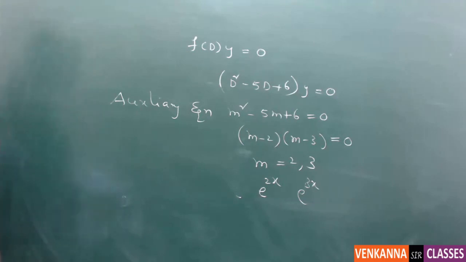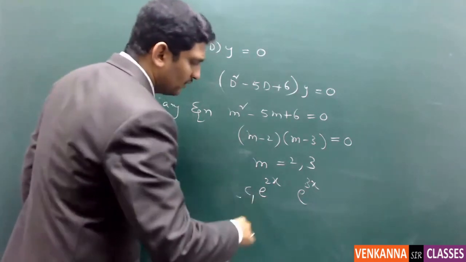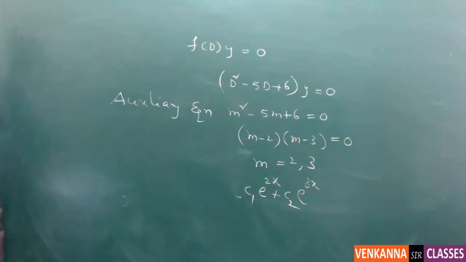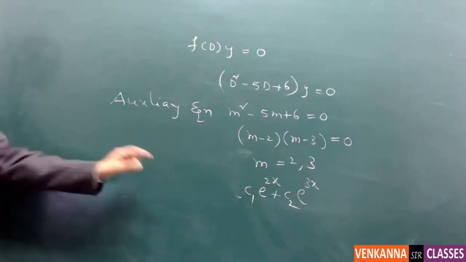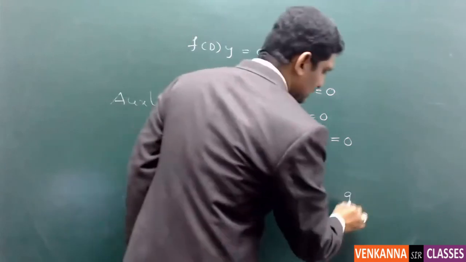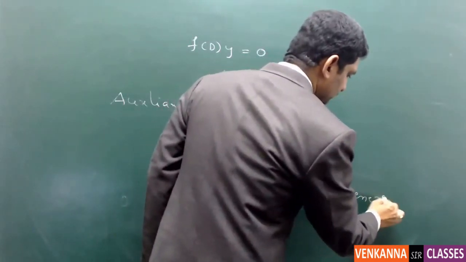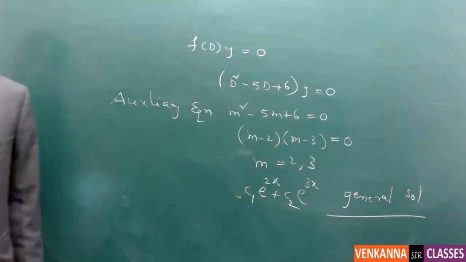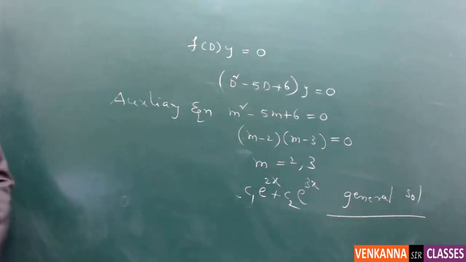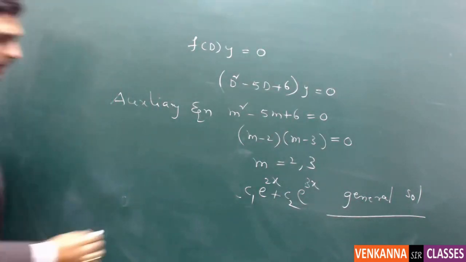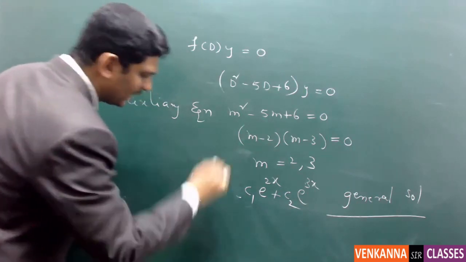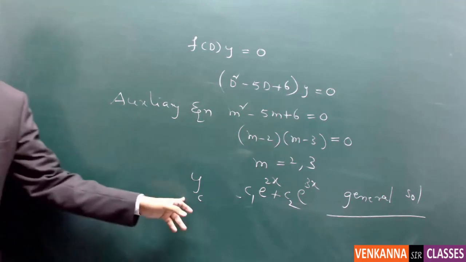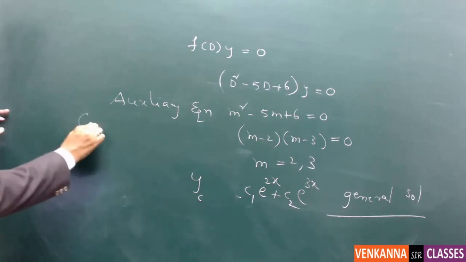So we write it as c1 e power 2x plus c2 e power 3x. It is called the general solution of the given differential equation. We indicate it with the symbol y suffix c. It is also called the complementary function.